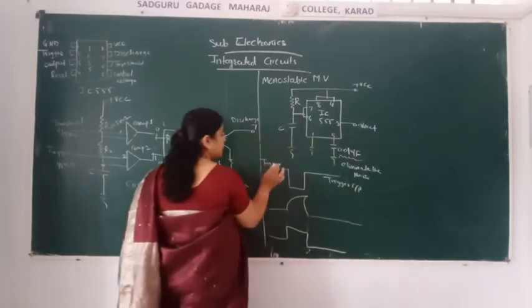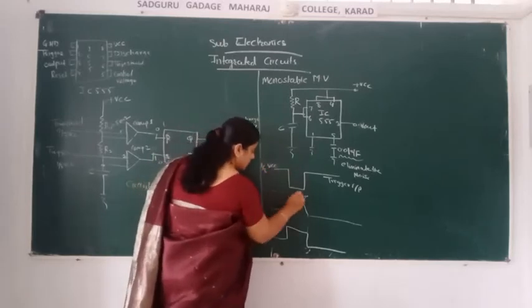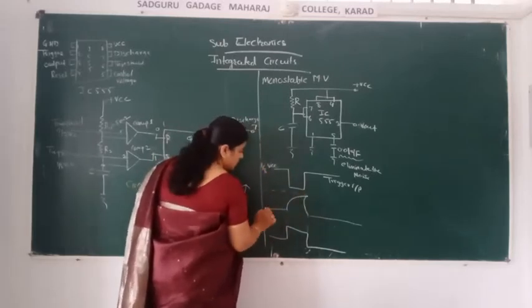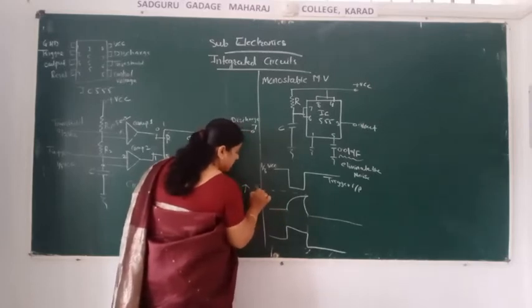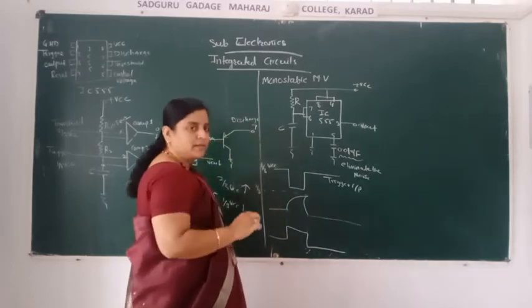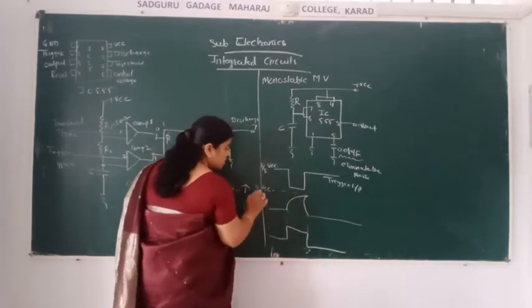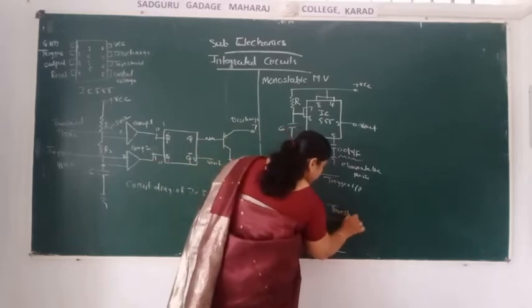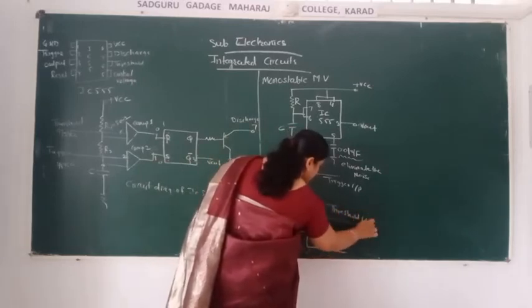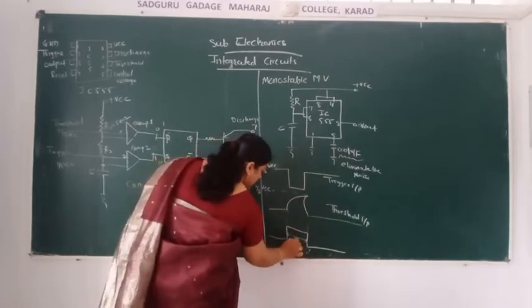Trigger input should be 1/3 VCC, and 2/3 of VCC is for the threshold input. If anyone misses this, after watching this video you can cover all these points that you have missed.